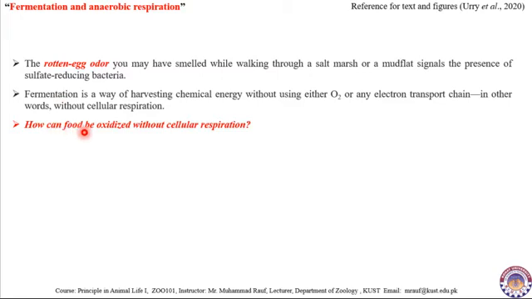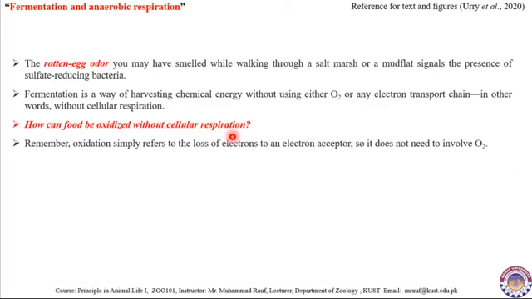Now, how can food be oxidized without cellular respiration? Remember, oxidation simply refers to the loss of electrons to an electron acceptor, so it does not need to involve oxygen. So how do we define cellular respiration?